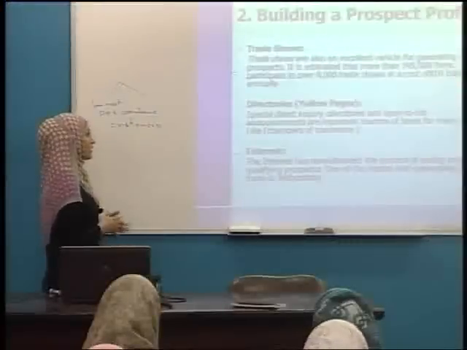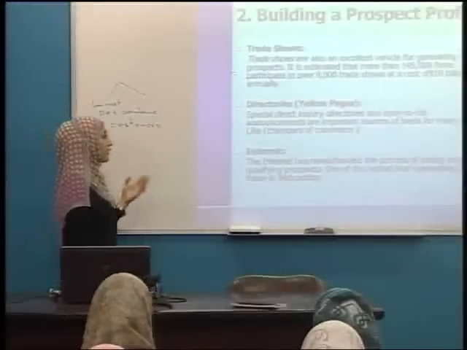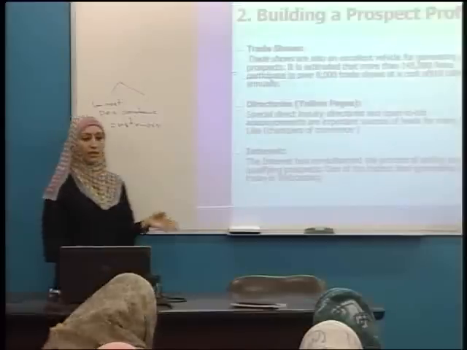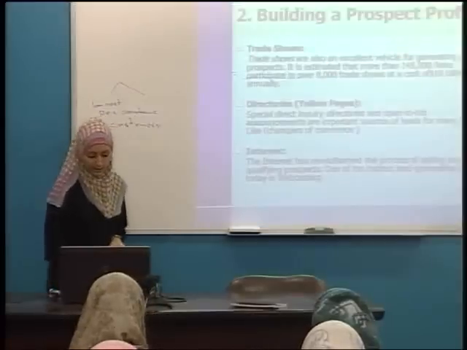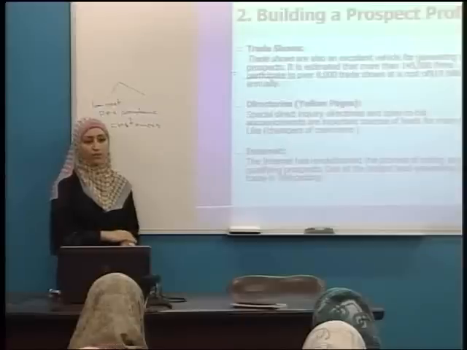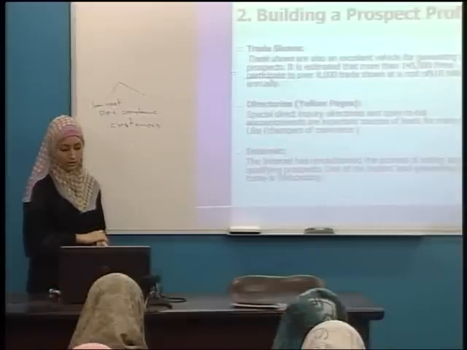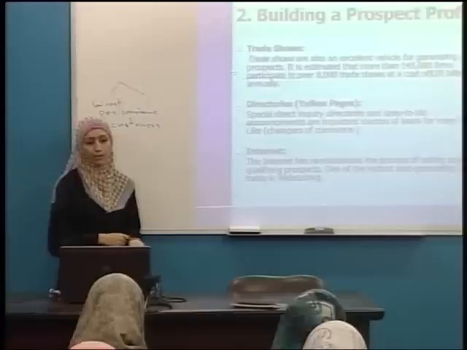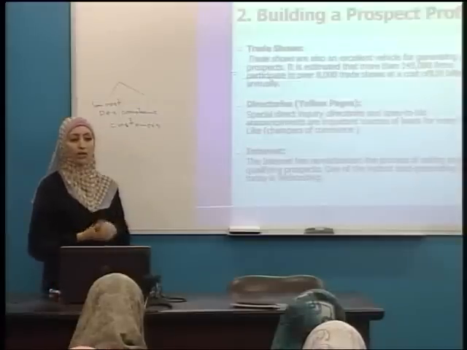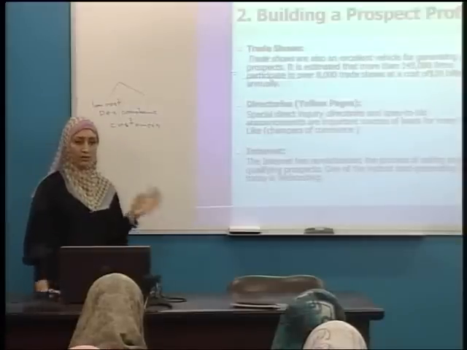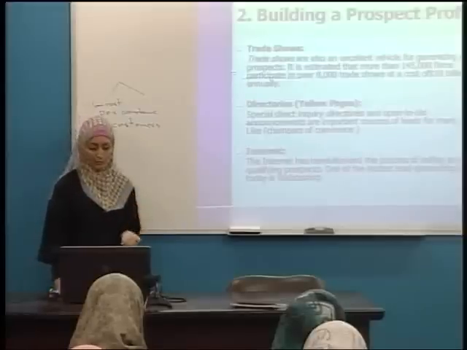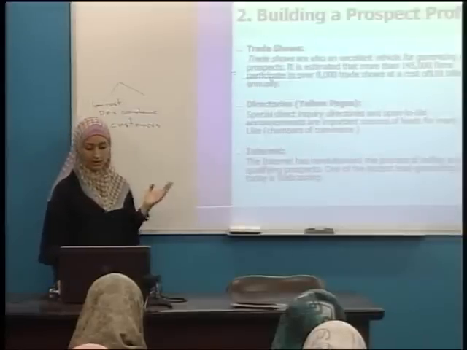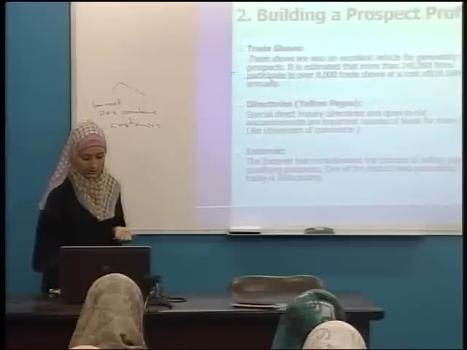Another vehicle is directories. They are important sources of leads for many firms, like chambers of commerce. For example, the Thomas Register of Manufacturing American companies provides names, addresses, and other information according to the type of products and the type of states.